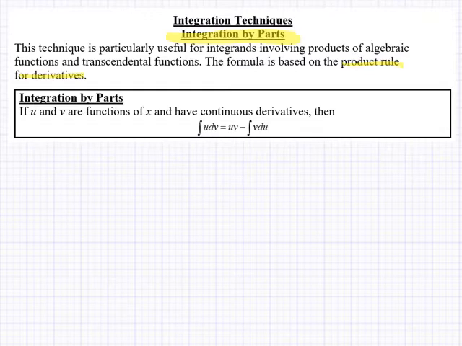So let's look at the product rule for derivatives before we introduce what integration by parts is. So you have your product rule for derivatives. So let's say I have u times v, and I want to take the derivative of that. So use prime notation there. So what I would do is I would take u times the derivative of v plus v times the derivative of u.